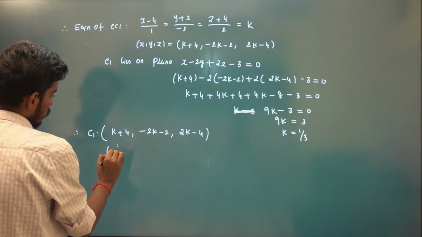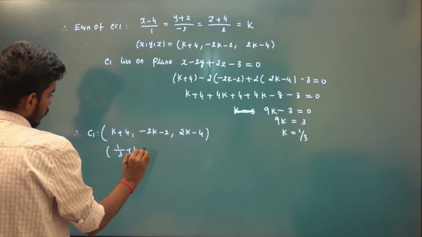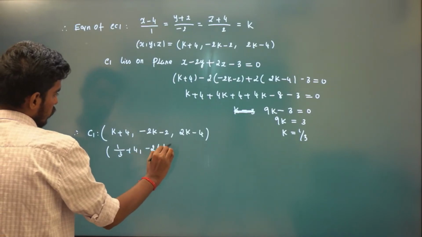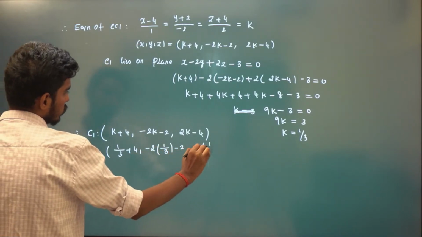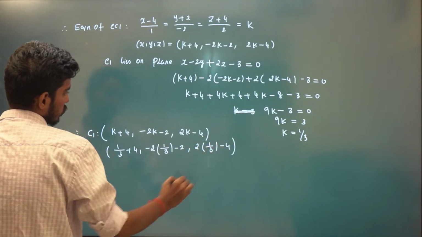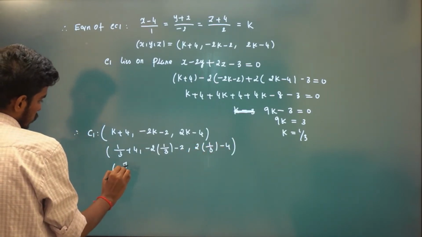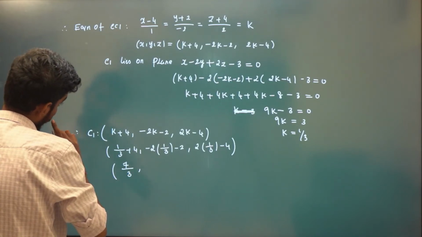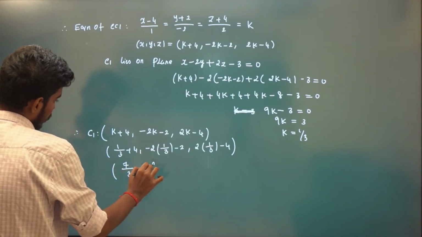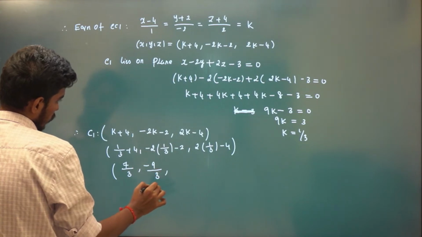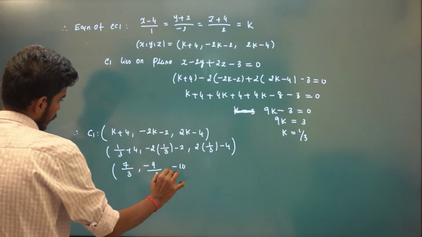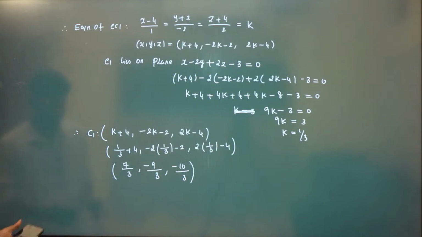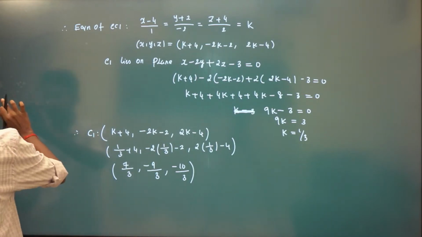So 1 by 3 plus 4, that is 13 by 3, then minus 7 by 3, then minus 10 by 3. This is the center of the circle.